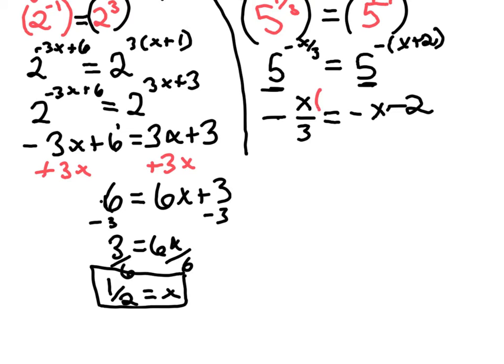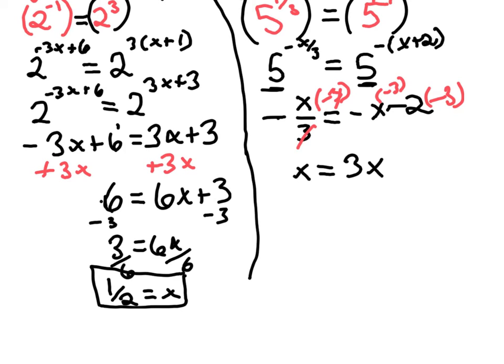In this case, if I multiply everything by -3, so multiply this by -3, multiply this by -3, multiply this by -3, here the 3's would cancel. Negative times a negative is a positive, so I end up with positive x equal to negative x times -3, so that's positive 3x. And then minus 2 times -3, that's positive 6.